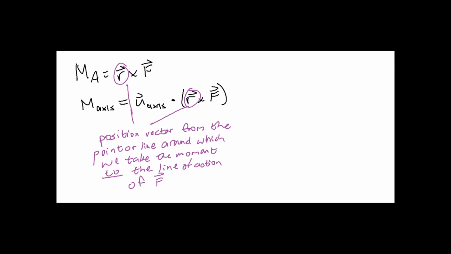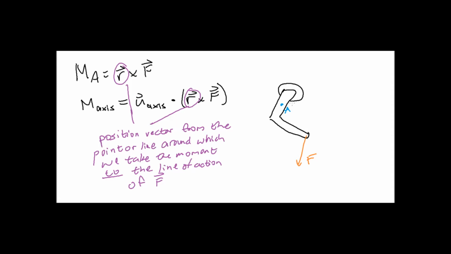Well, let's say that we have some kind of a pipe-like object like this, and it's connected to the wall, let's say. And we have a force acting on it like this. Let's say that we wanted to take the moment about point A, which happens to be right in the middle of this member, like that.